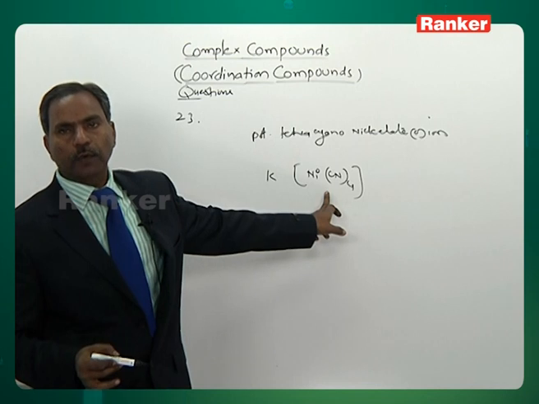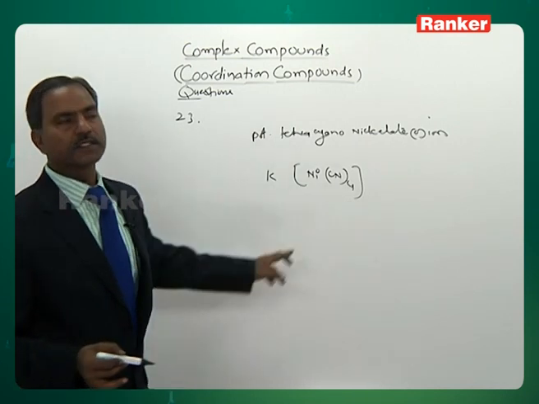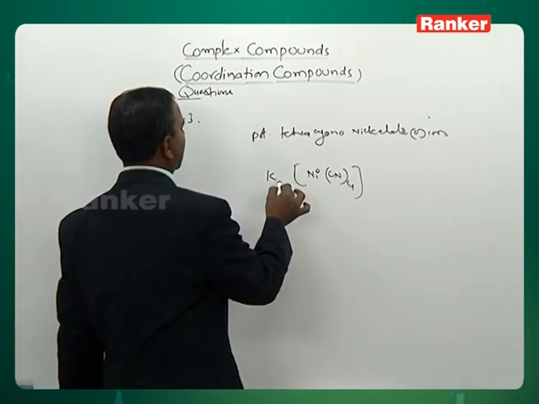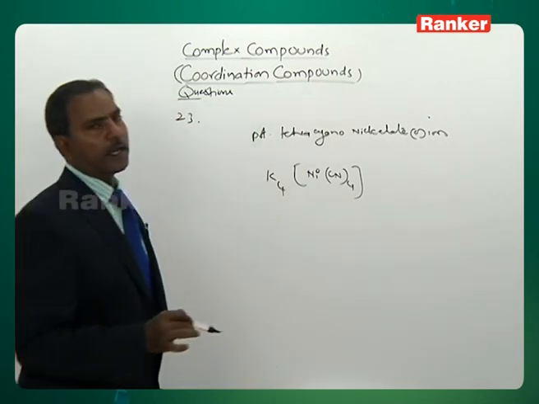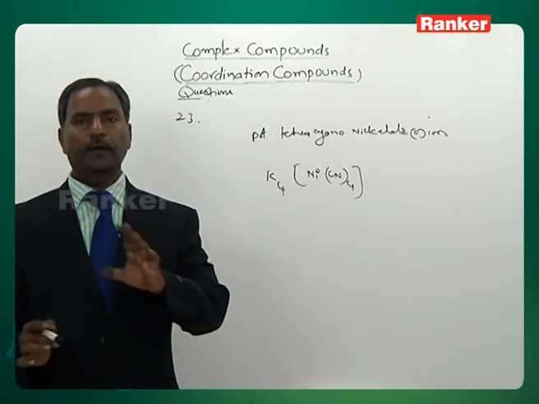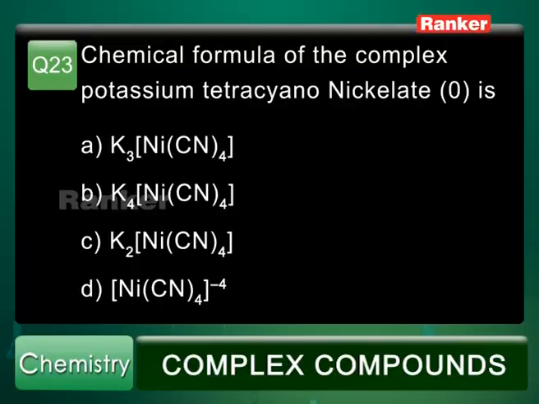Nickel has to be 0, so there should be 4 cations outside. Therefore, it should be K4[Ni(CN)4]. Let us check the options. A, K3[Ni(CN)4], that will make nickel plus 1. Coming to option B, that is K4[Ni(CN)4]. This is the correct answer. Option B, answer is B.